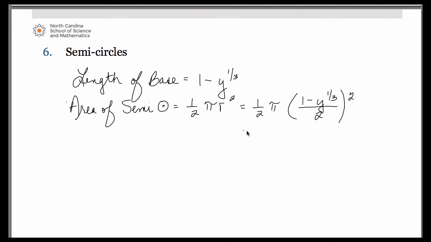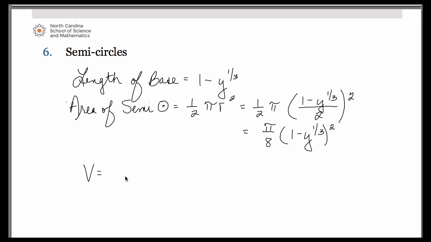Now you can simplify this if you wish. You don't necessarily have to. You're squaring this denominator of 2 to make 4 times the 1/2 in the front, you get pi over 8. So that simplifies a little bit easier for when you go to type it in and evaluate your integral.